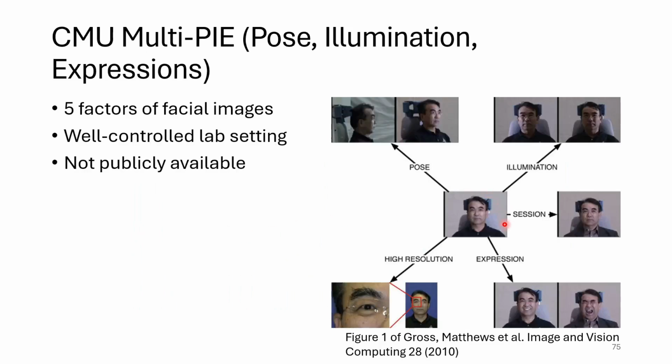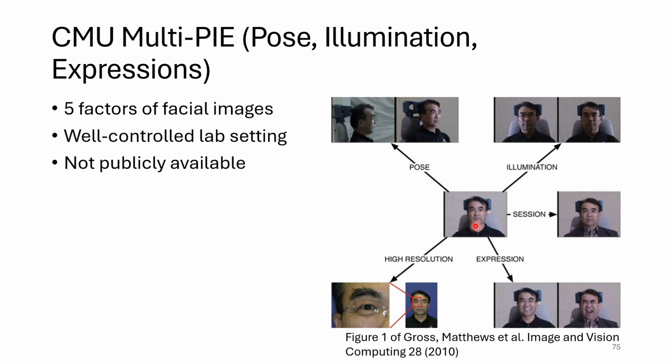There is another factor called season. It means when a subject was photographed, several months later, how much change will occur to the same person? A few months later, and a few months more.